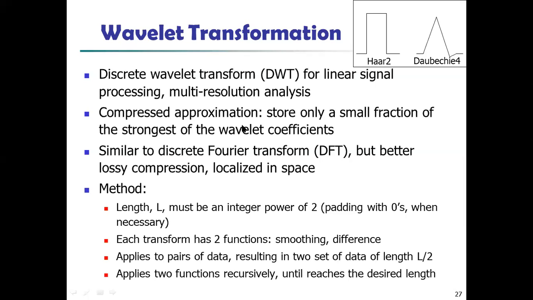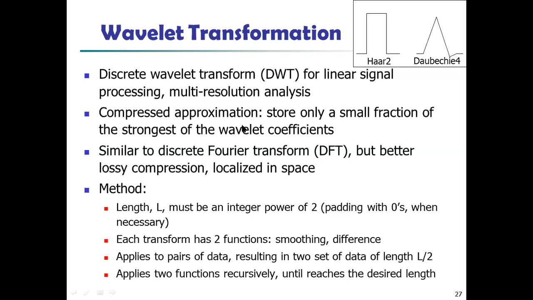So here you can see how the method works in the wavelet transform. First, the length must be an integer power of 2, padding with zeros when necessary. Each transform has two functions: one is the smoothing function and the second is the difference function.